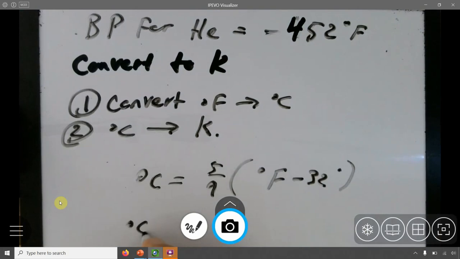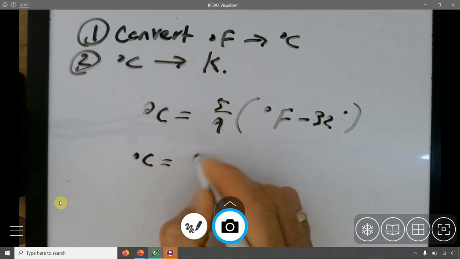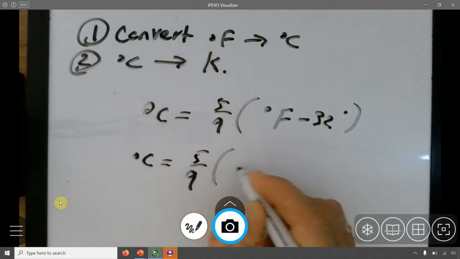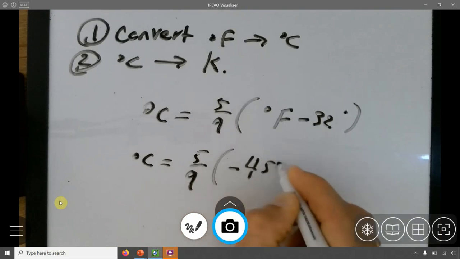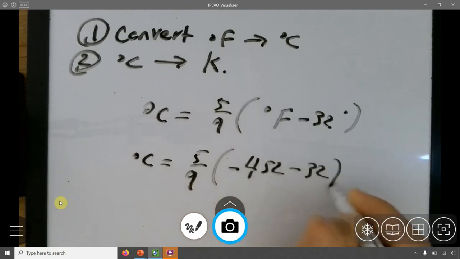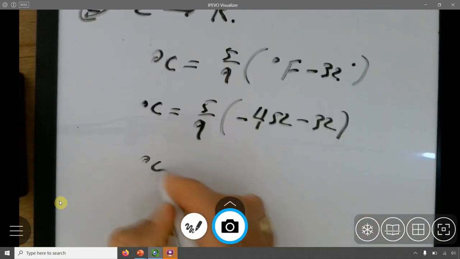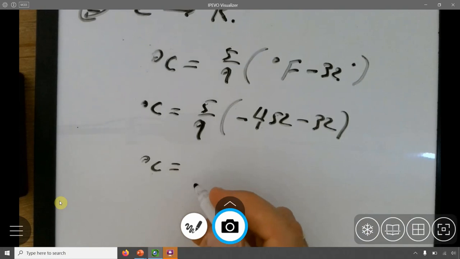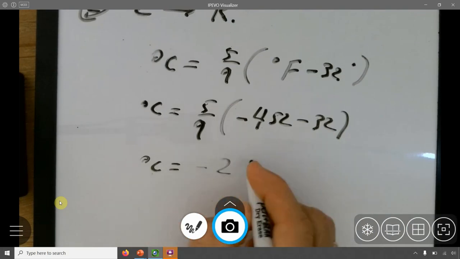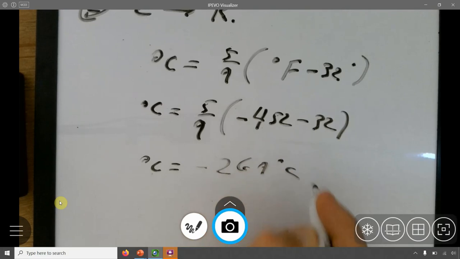So degrees Celsius is 5/9 times negative 452 minus 32, and if I punch it into a calculator, I get negative 269 degrees Celsius.